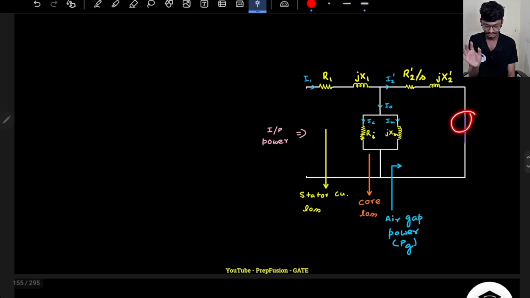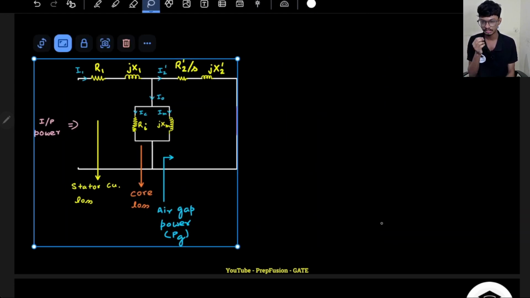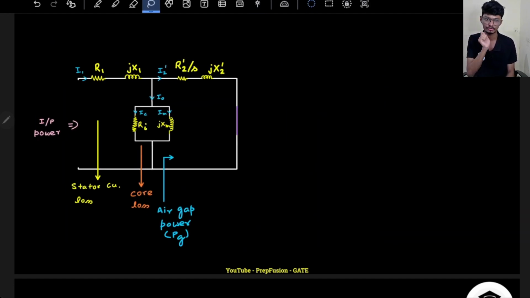If I write this resistance totally here, I don't write the fictitious resistance and the rotor resistance separately. I write them together. It is R2 by S, jX2 dash. I want to make a few approximations for finding the torque expression.